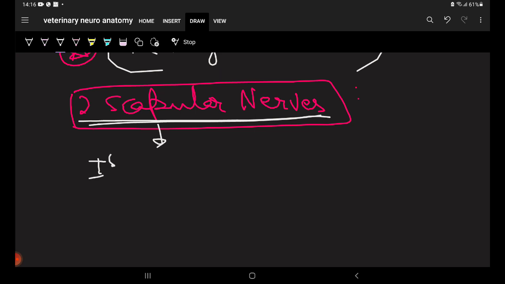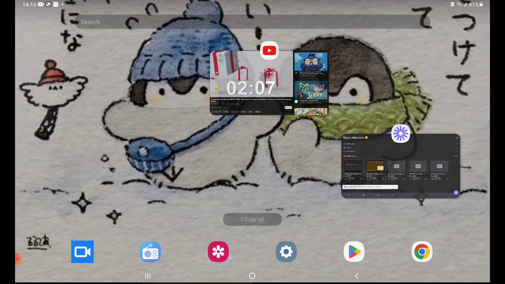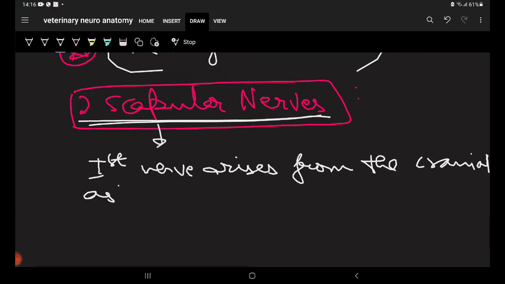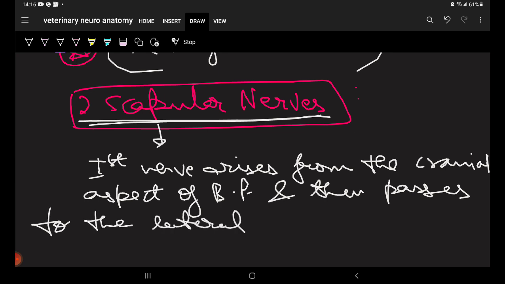The first nerve arises from the cranial, that is towards the head, aspect of brachial plexus and then passes to the lateral aspect of scapula.